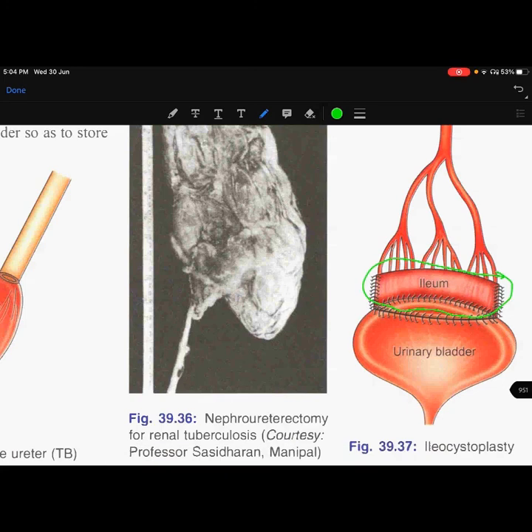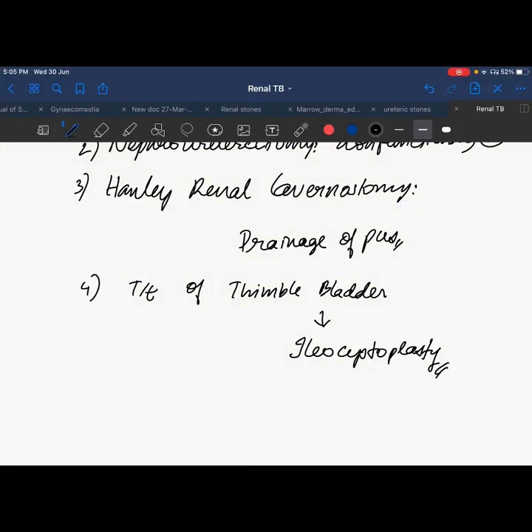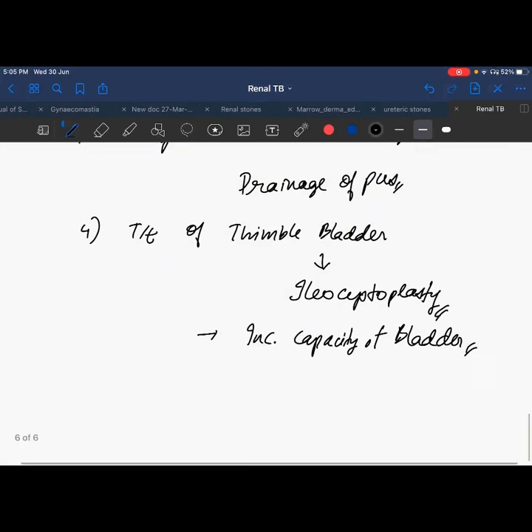This procedure is known as ileocystoplasty. We take the ileal loop and insert it into the bladder, suturing it with the bladder tissue. That's it. Why is it done? Obviously, the capacity of the bladder is decreased due to fibrosis, so this is done to increase the capacity of the bladder.